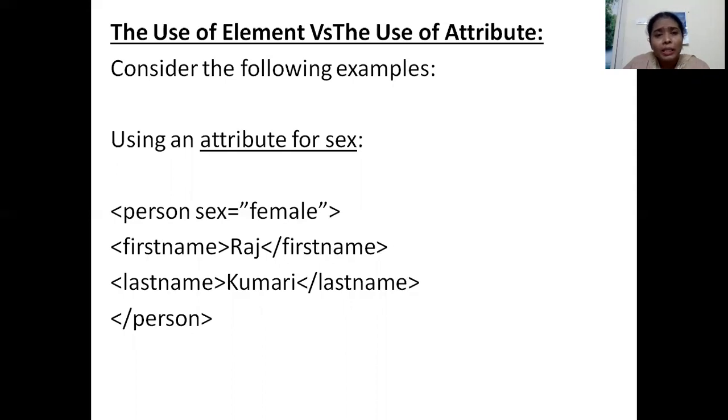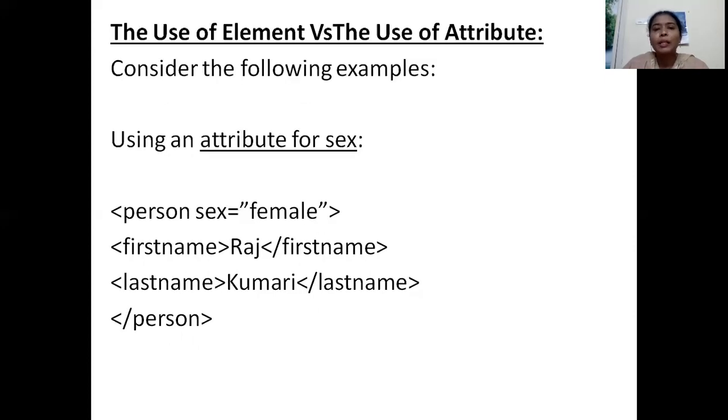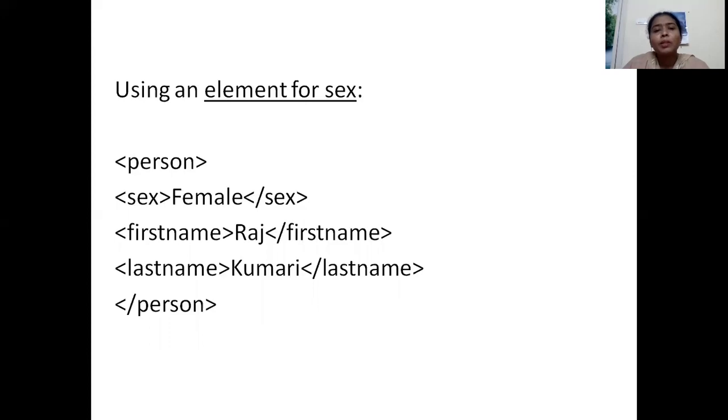If I go to the second example, this also explains that she is a person and her sex is female. Her first name is Raj and last name is Kumari. So the two examples give the same meaning to the reader, but the way I declare is different.